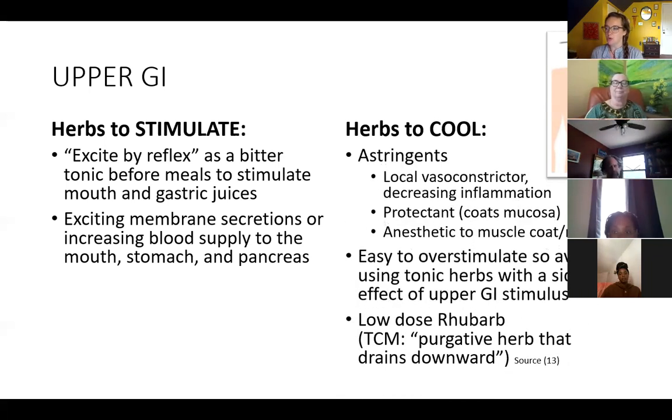So to cool or slow down the upper GI, astringents, a local vasoconstrictor, would be something to decrease inflammation and pull the tissues together in this part of the body. Think black tea. I was on a big kick with black tea for a while, and I realized that it's not what I need, because it's causing too much astringency in my upper GI.